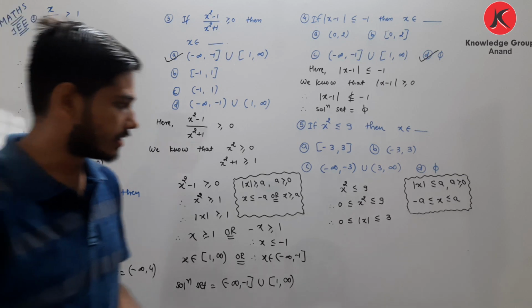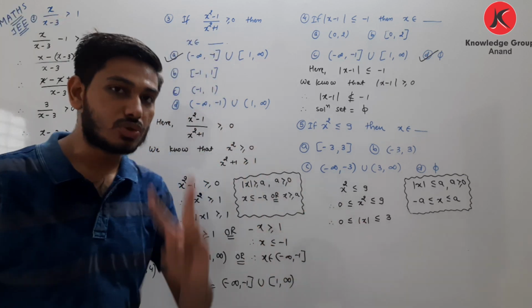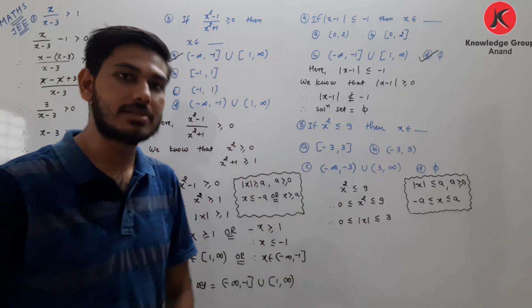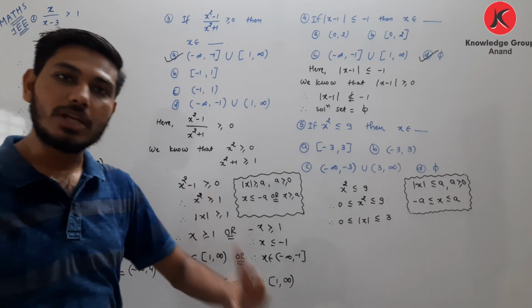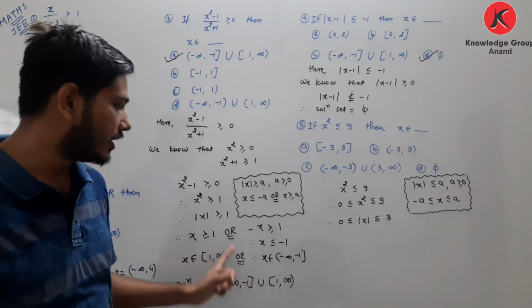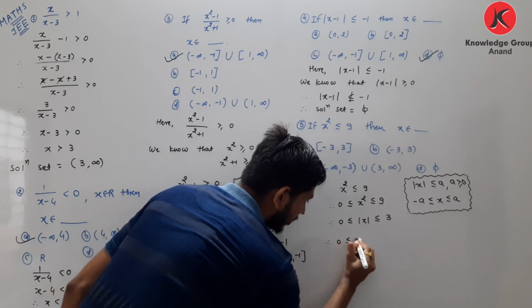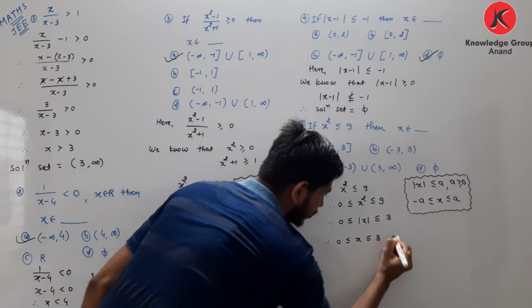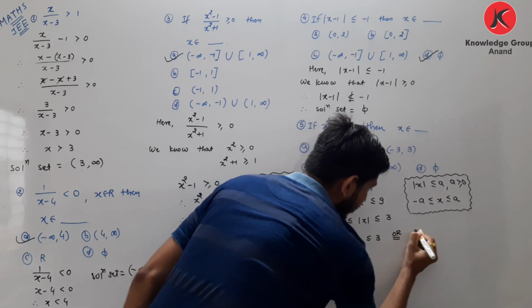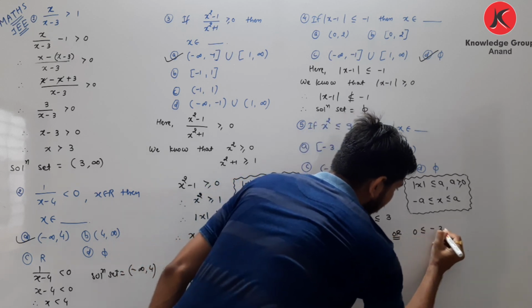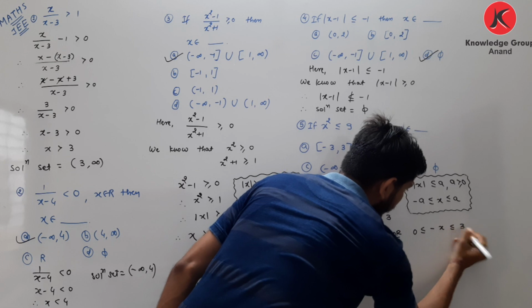Clear this term? Now modulus x equals to 2 possibilities. First one is plus x, second one is minus x. That is or symbol or word is there. Therefore we can write like this: 0 less than equals to x less than equals to 3 or 0 less than equals to minus x less than equals to 3.